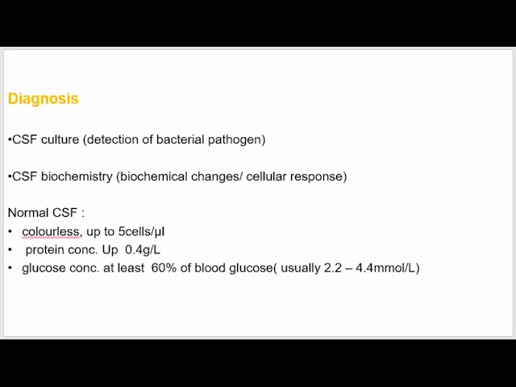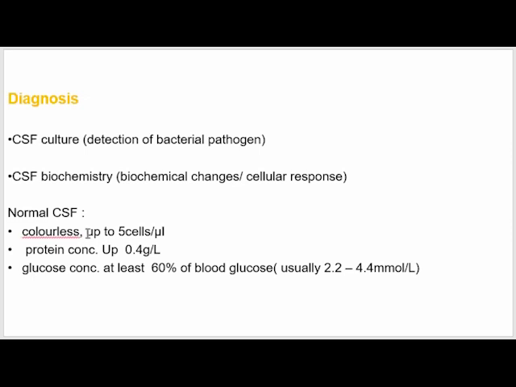So I repeat, the diagnosis is you have to do lumbar puncture, you get the fluid, you do biochemistry, then you assess. Okay. The normal cerebrospinal fluid is colorless. So if it's turbid, then there's a problem.